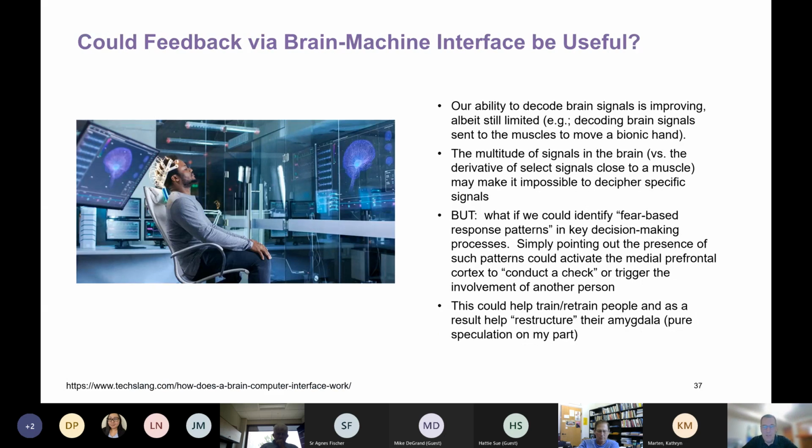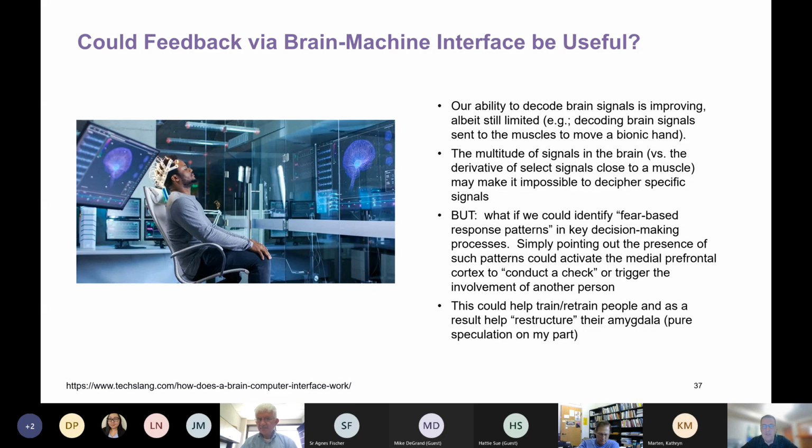Pushing the envelope a little bit, we talked about brain-machine interfaces in the past. So if I'm a decision maker and I'm subjected to bias, maybe my awareness and my training is already helping me control it. But what if I could actually see that my sort of bias intensive areas of the brain are firing when I'm making a decision? This is hypothetical. I included this.